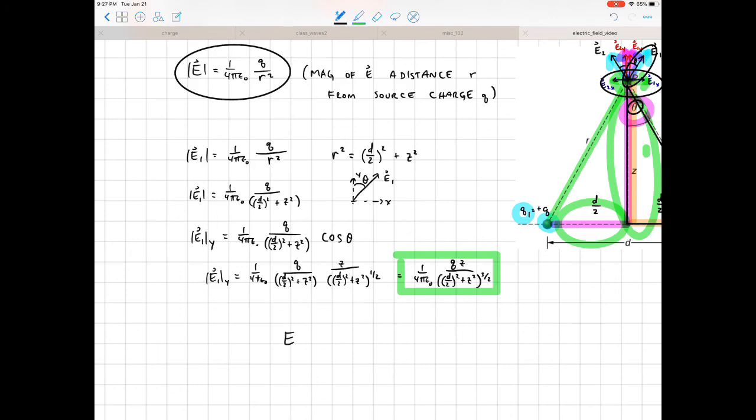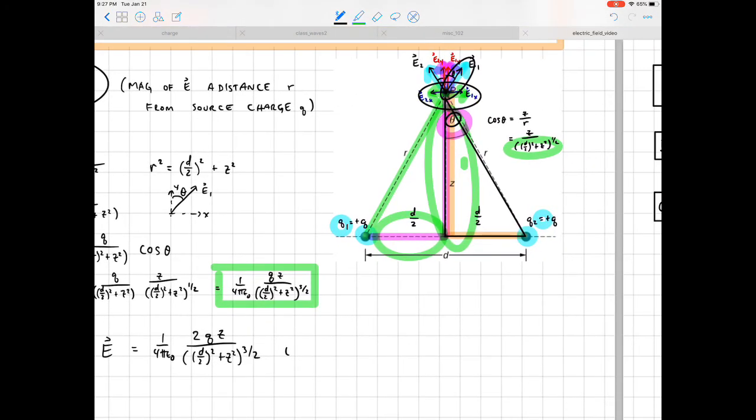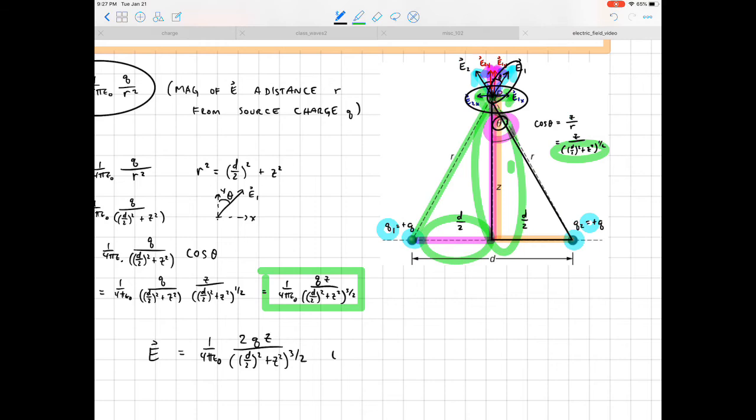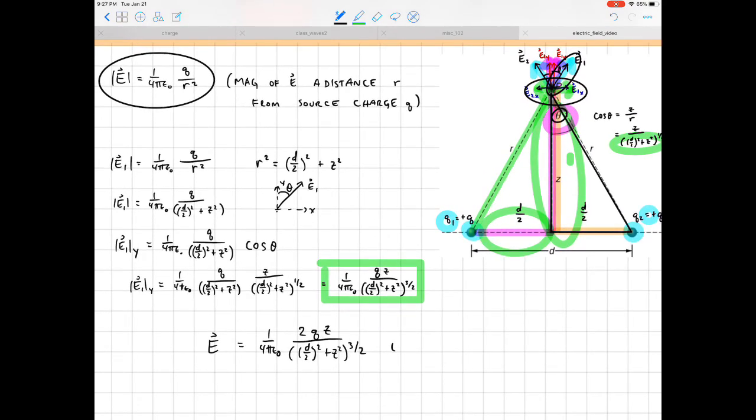So E at that location is going to be, and if we want to include the direction, if you look at this picture, I didn't actually designate my axes, but I did right here.